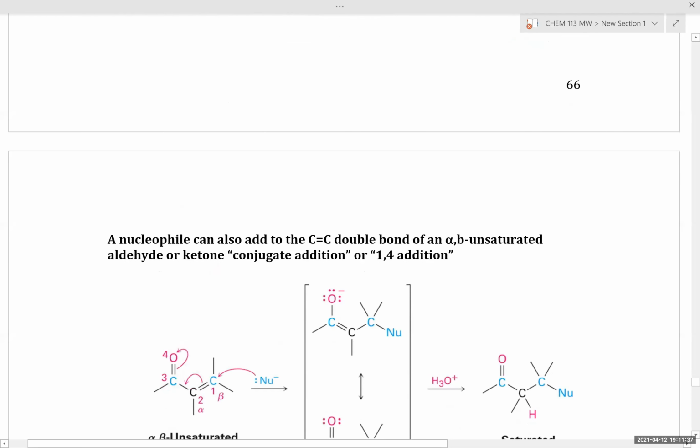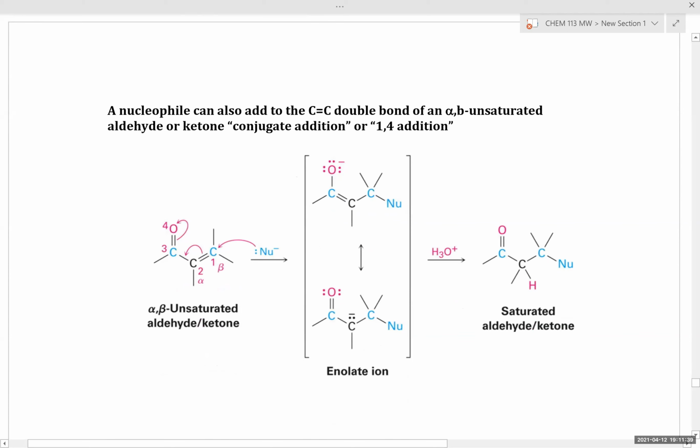And let's talk about a new pathway for reactivity, a new mechanism when we have an unsaturated aldehyde or ketone.